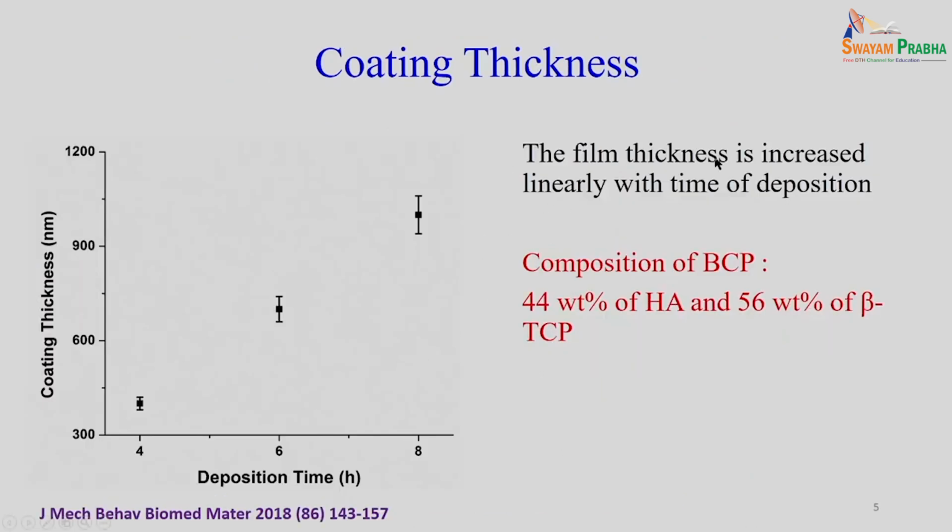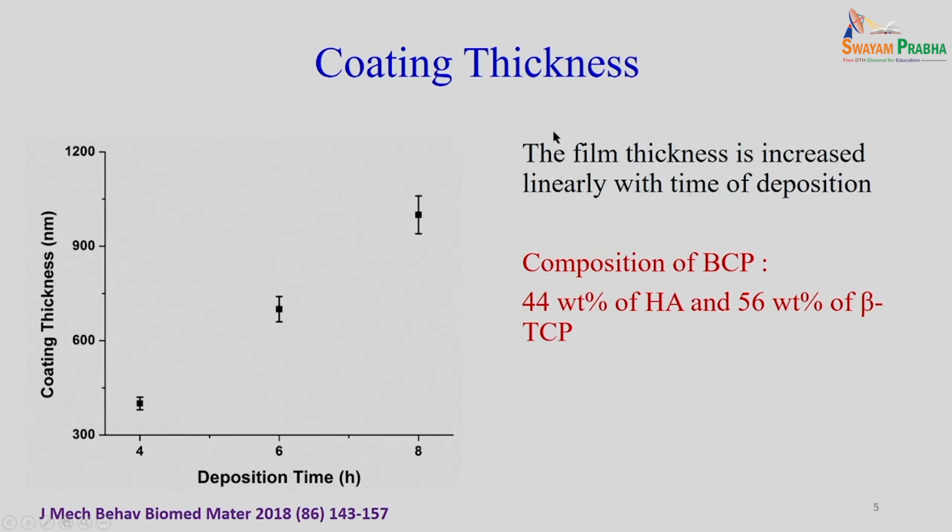Now, as we discussed, if you vary the deposition time, it means we are giving more time for the deposition. So, typically the thickness increases, it may be linear, it may be exponential, it depends on the power and the coating material. Here we observed that with increase in the deposition time, the coating thickness increased as expected.